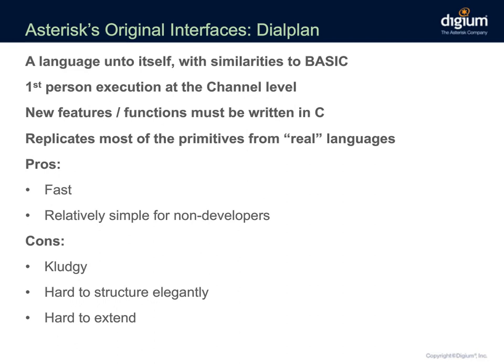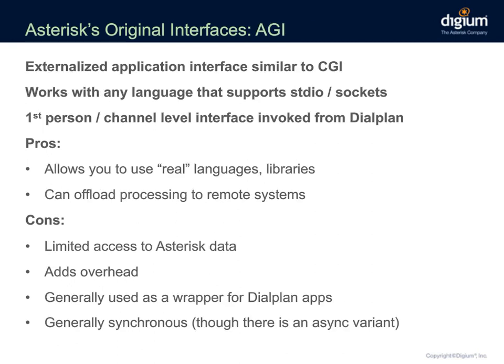So that is one of the primary interfaces that we're looking at being able to augment with ARI. Now, another API that you're probably familiar with if you've spent any time around Asterisk is the Asterisk Gateway Interface, or AGI. AGI allows you to pause execution within the Dialplan and send out to a remote process, and that remote process can be running either on the same computer as your Asterisk instance or on a separate computer, and allow that system to do some processing.